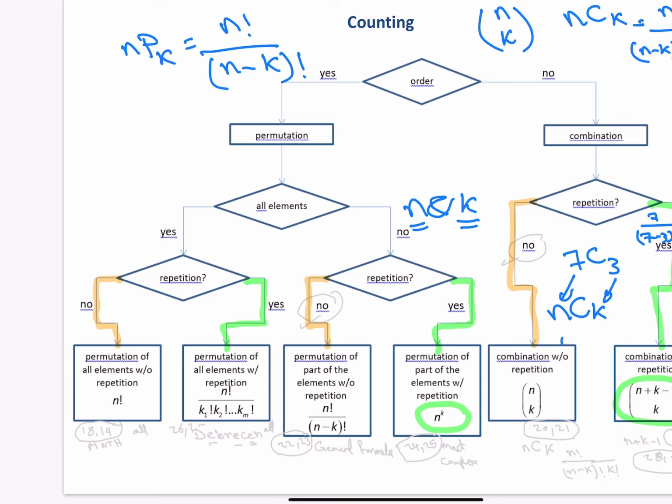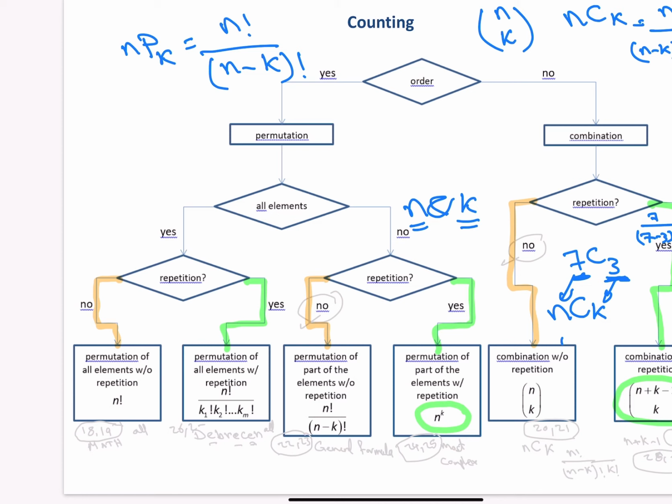This is the general case of the combination. But in case of repetition, it will not be written like this. It will be n plus k minus 1. So 7 plus 3 equals 10, minus 1 equals 9.